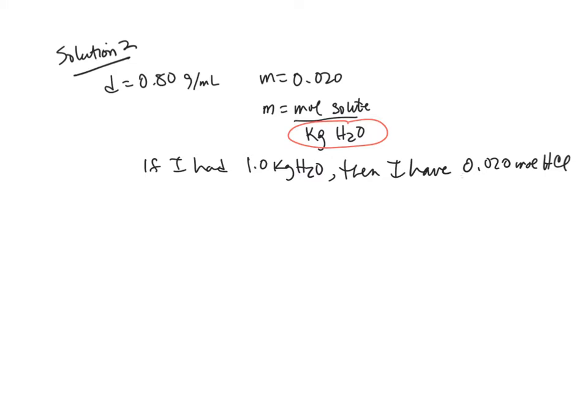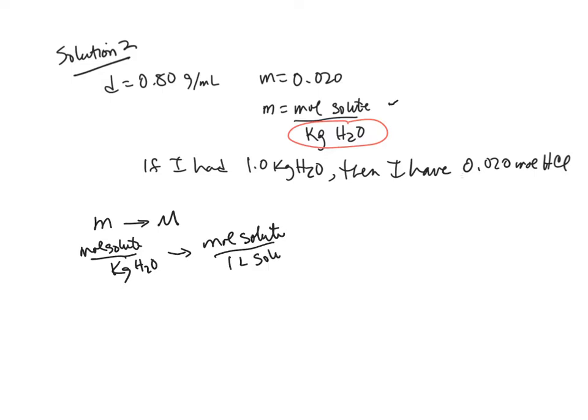We've got the moles of solute, and we're going to go to molarity. And again, you got moles solute per kilogram water. You're going to go to moles solute per 1 liter of solution.